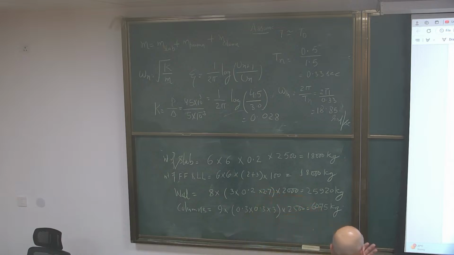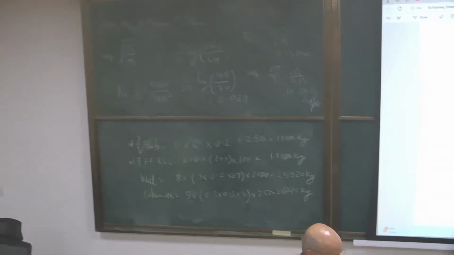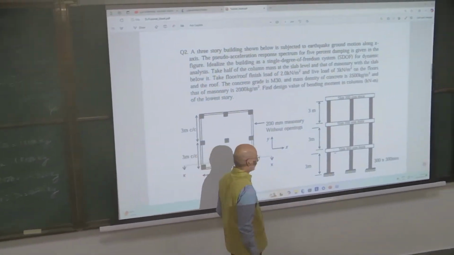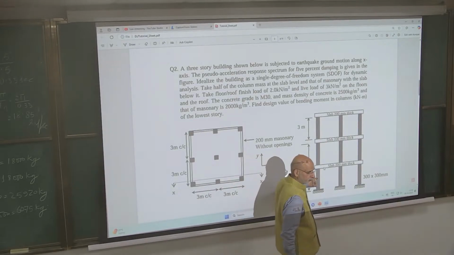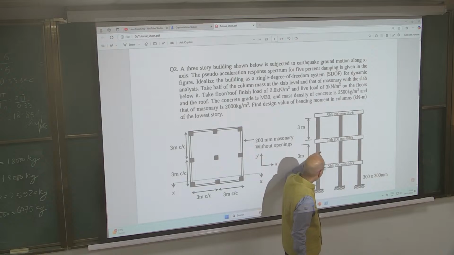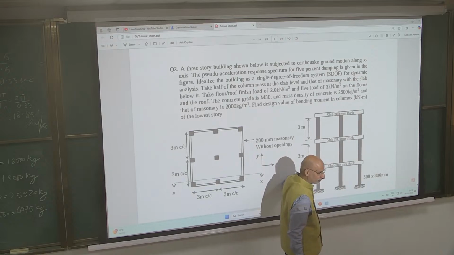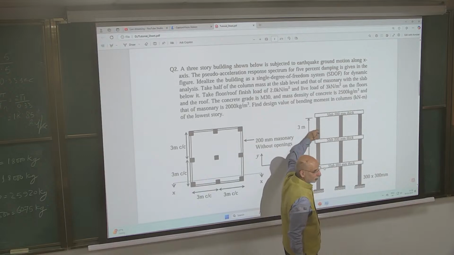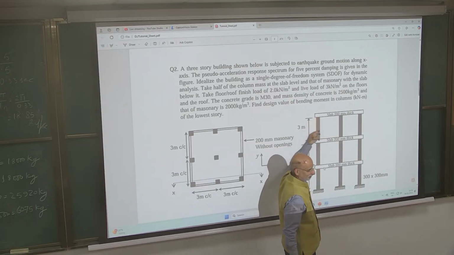Now the column, there are 9 columns, okay? If you look at this column, if you lump half of mass here, half of mass will come here. But if you come here, only half of mass will go to top. Here it gets full, here it gets full. Here is only half, okay?